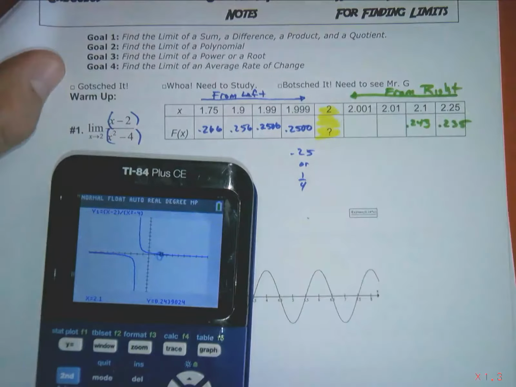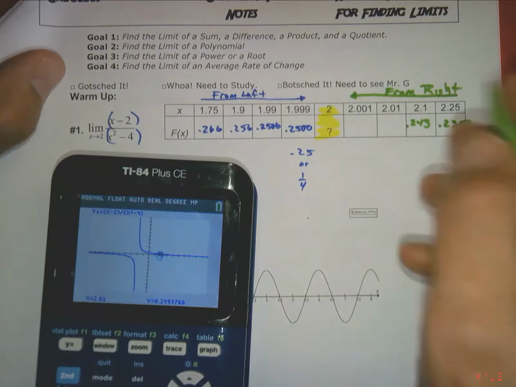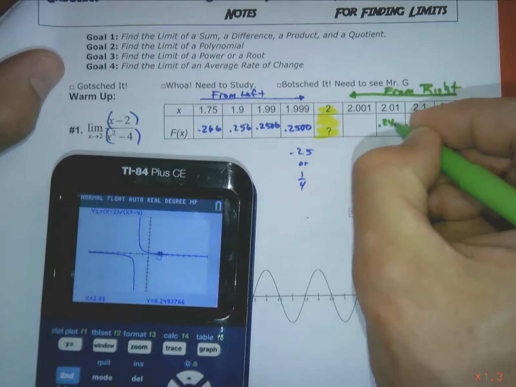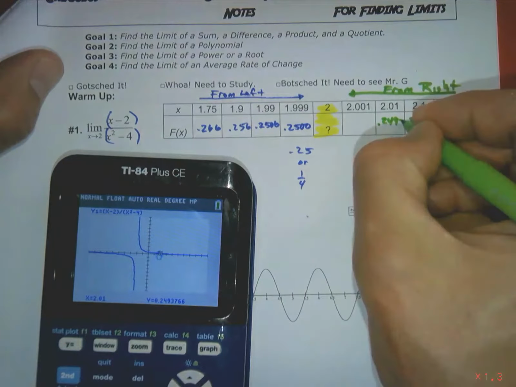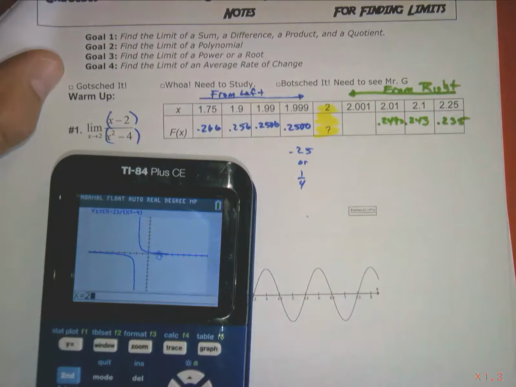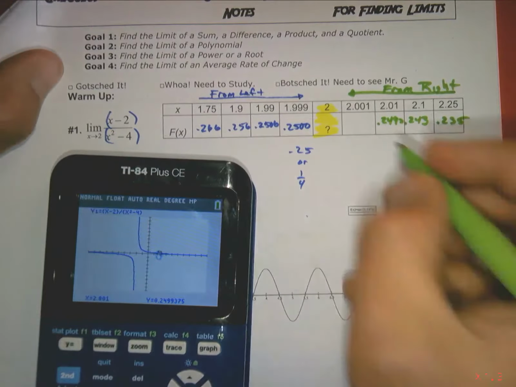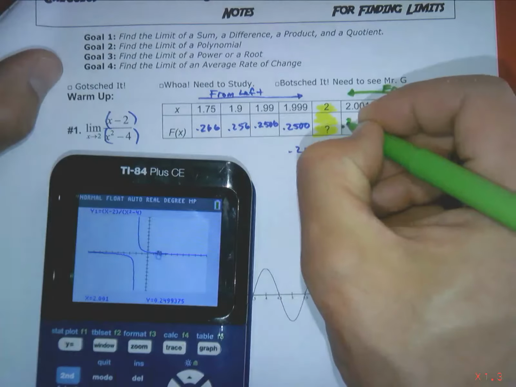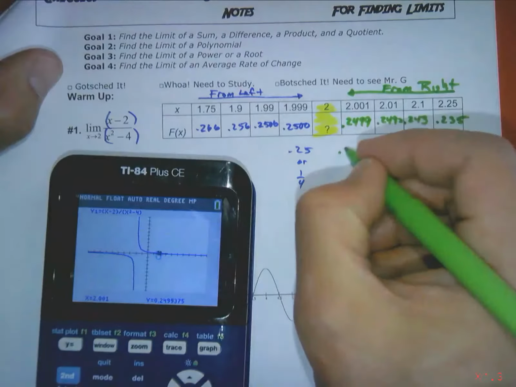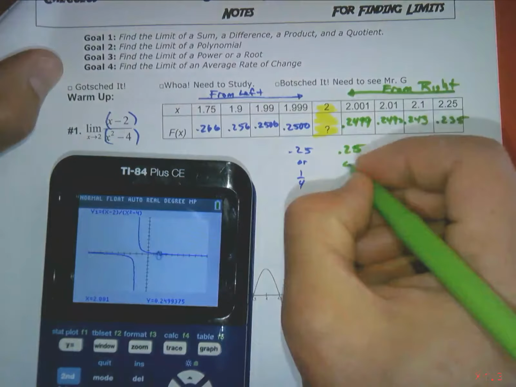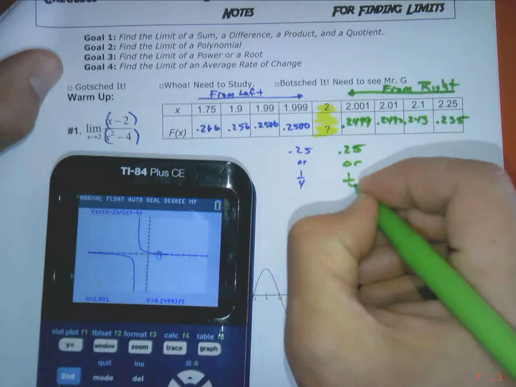Again, getting closer and closer to 2. 2.01 is 0.249, 3 if you want to add another decimal. And if I do 2.001, that puts me at 0.2499. Well, again, if I round that, guess what? It's going back to 0.25, or 1/4.